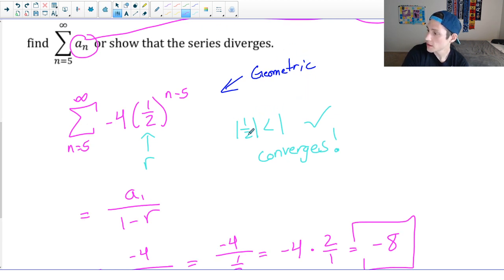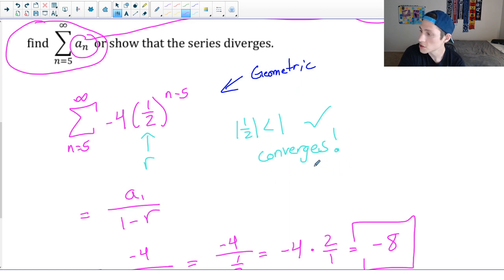If we had found that the absolute value of the ratio was greater than 1, then we would just say the series diverges because it's geometric and the absolute value of the ratio is greater than 1. It's kind of like the geometric series test. But since we found that it converges, the problem actually asks to find the sum.